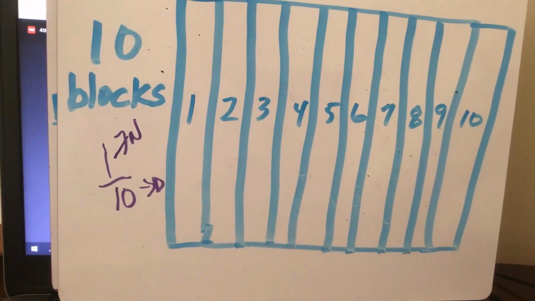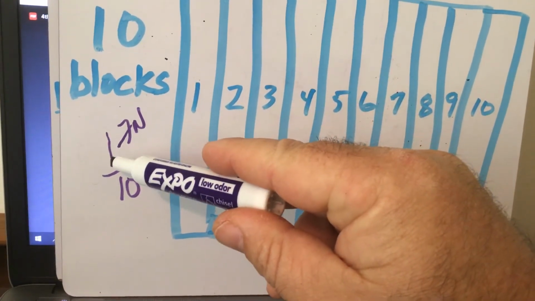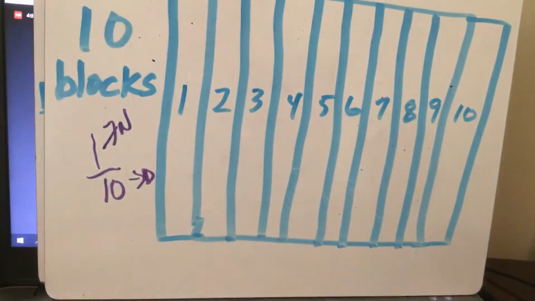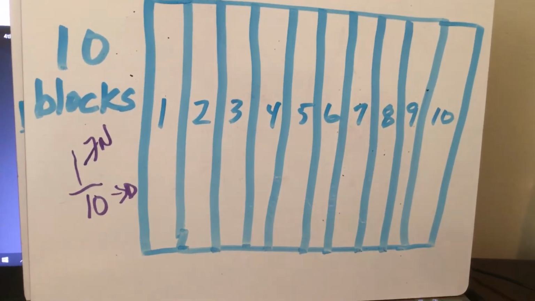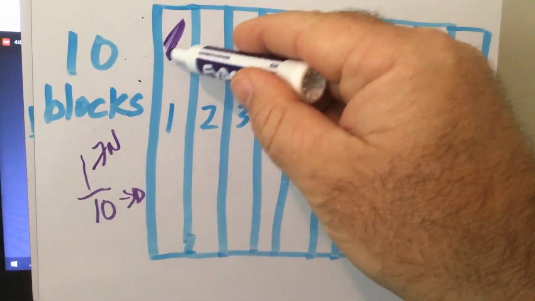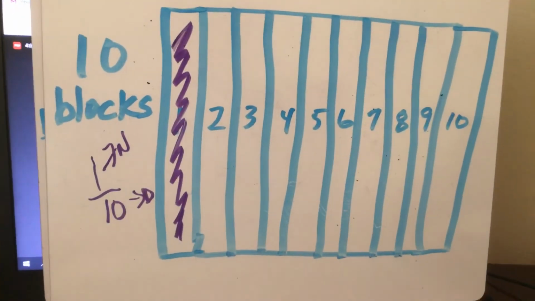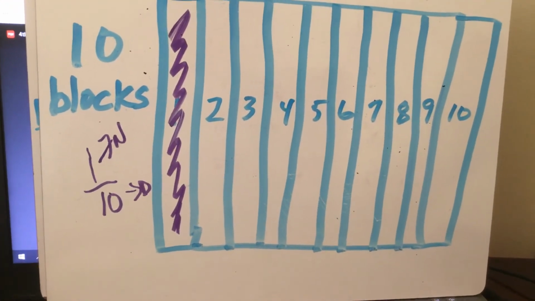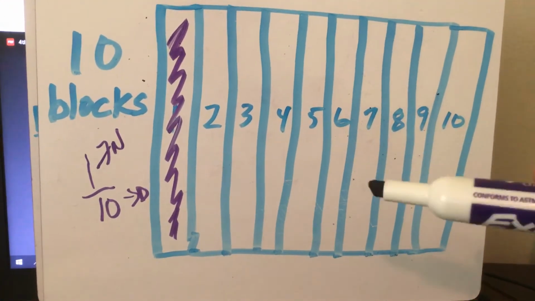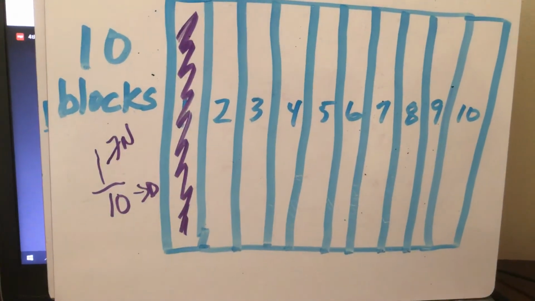The numerator is what you want to keep your eye on. If it's 1/10, then you're going to shade 1/10 of this 10 block. So you're just going to shade this one little block. And listen, if you don't want to shade the first one, you want to shade the 8th one, whatever. It doesn't matter as long as only 1 out of the 10 are shaded.